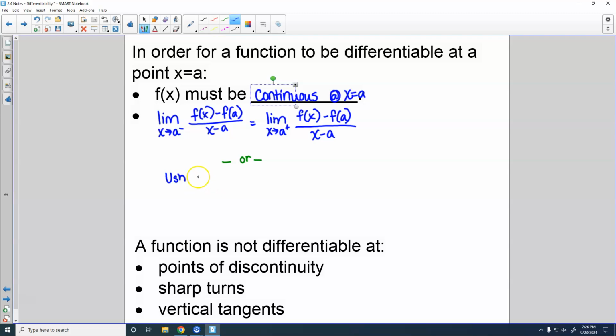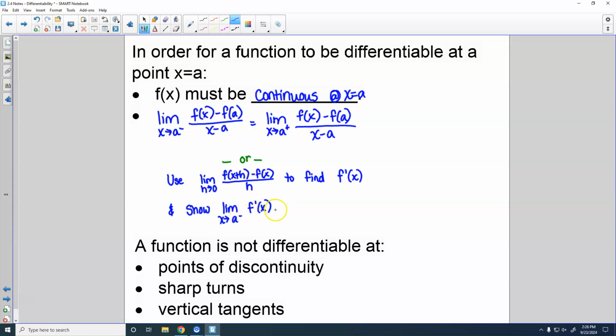Use the limit as h approaches 0 of f of x plus h minus f of x over h to find f prime of x, and show the limit as x approaches a from the left of f prime of x equals the limit as x approaches a from the right of f prime of x.